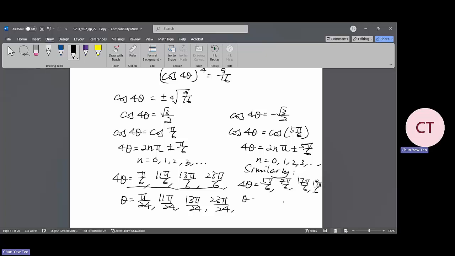So this one, the theta will be 5 pi over 24, 7 pi over 24, 17 pi over 24, and 19 pi over 24.